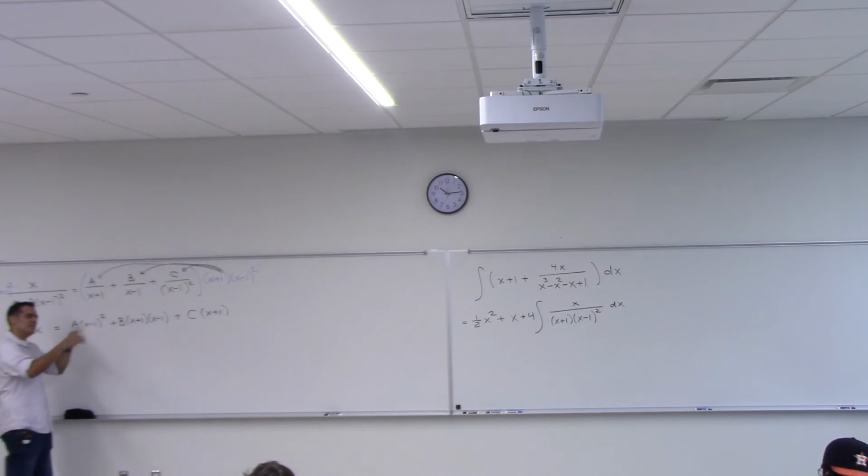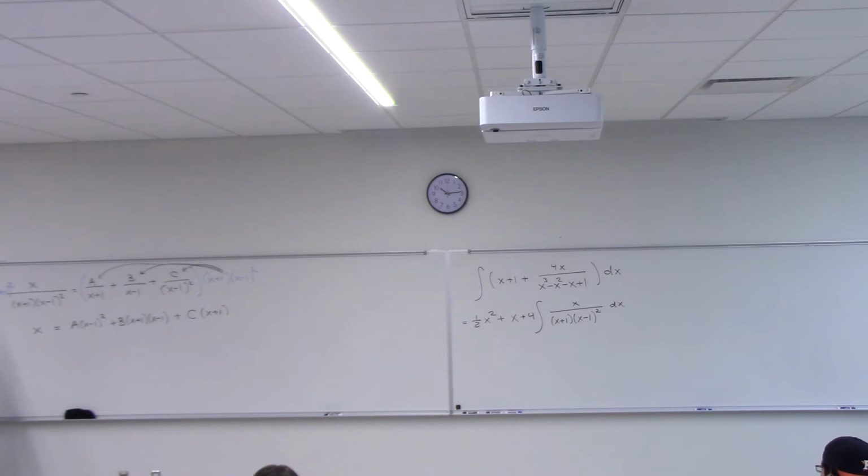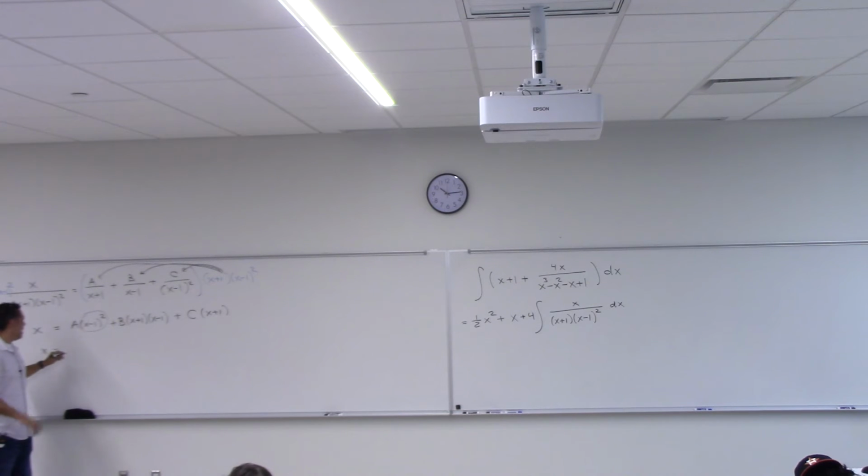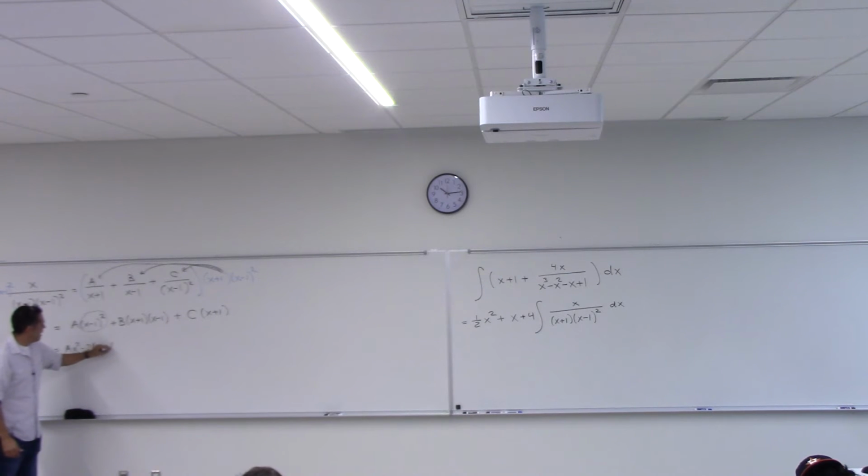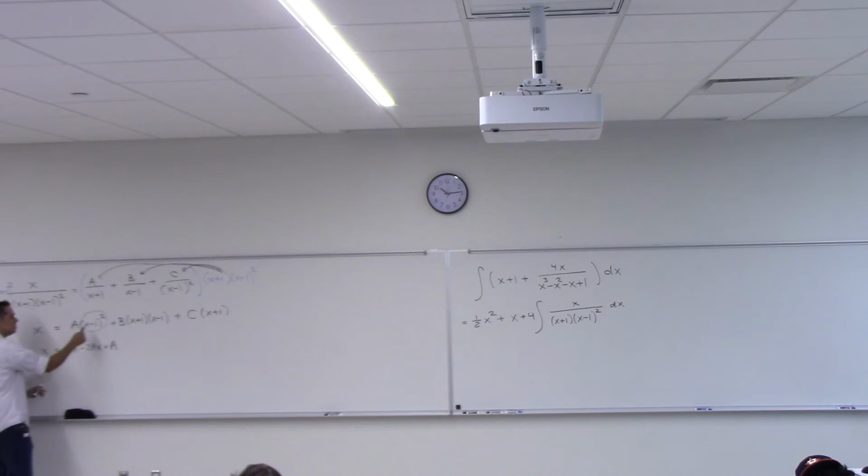Now you can still do it, certain things work out, but it's not that hard to expand that out. We've done x minus 1 squared 100 million times. So I'm going to do that in my head, and then I'm going to distribute an A through it. So I get Ax squared minus 2Ax plus A. This turns into x squared minus 2x plus 1 when I FOIL it, and then I passed an A through it.